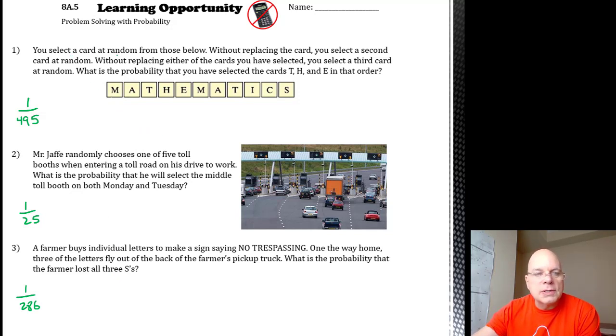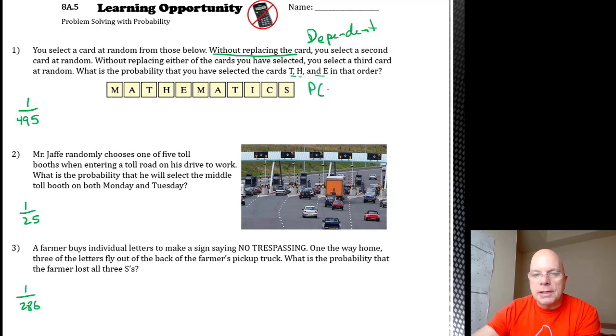Number 1 says you select a card at random from those below. Without replacing the card, you select a second card at random. So I know right away these are dependent events. Without replacing either of the cards you have selected, you select a third card at random. What is the probability that you have selected the cards T, H, and E in that order?